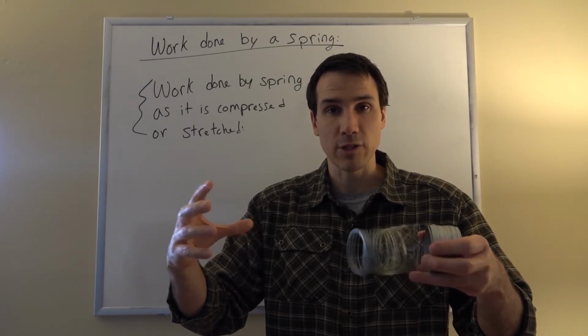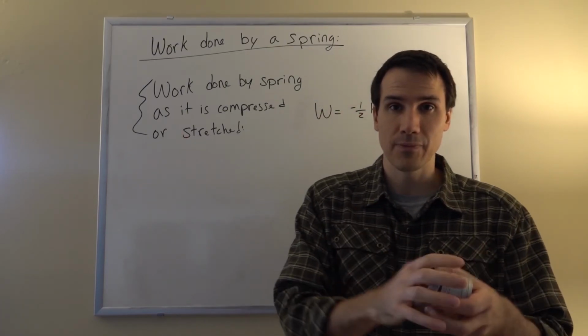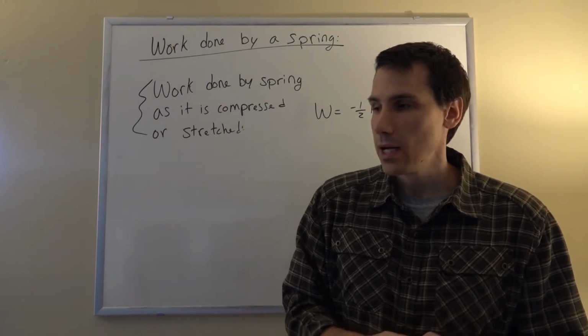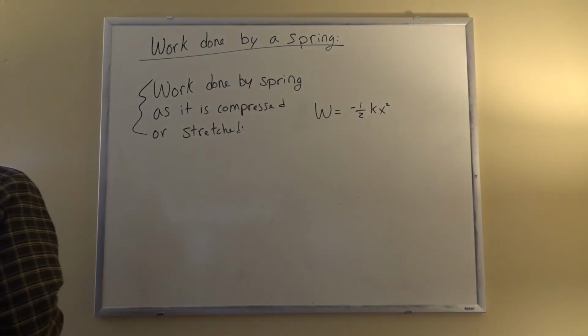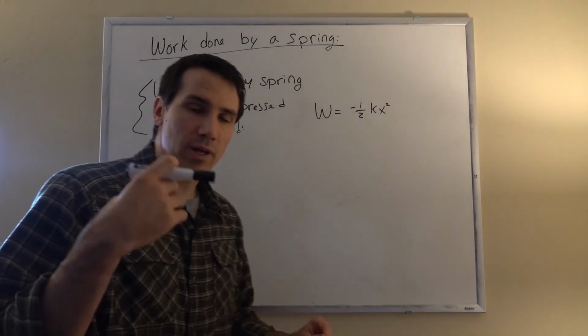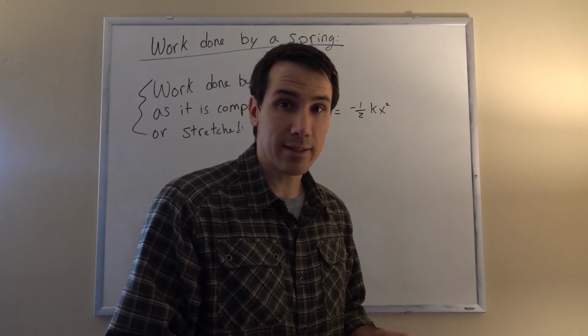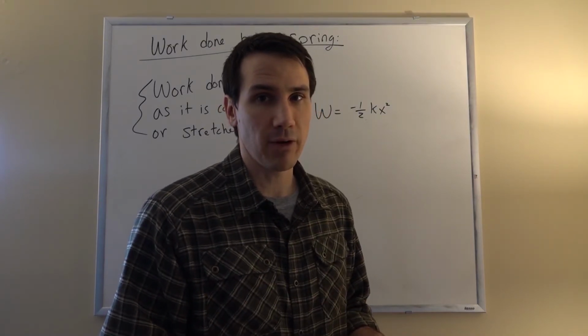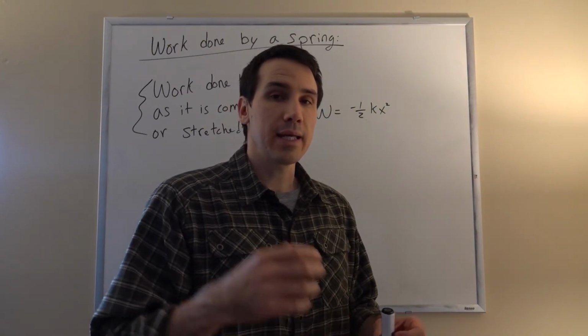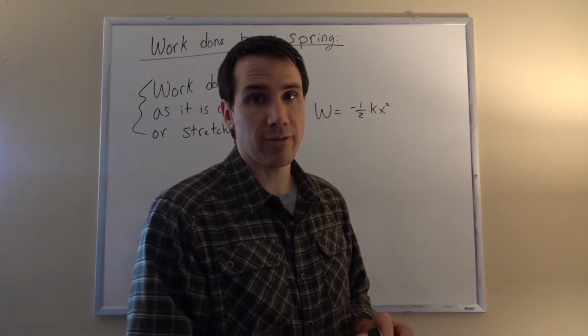And I can get that energy back just by releasing the spring, right? And so, just like with gravity, where we said the amount of work that gravity does, the negative really of the amount of work that gravity does, is the potential energy of gravity.